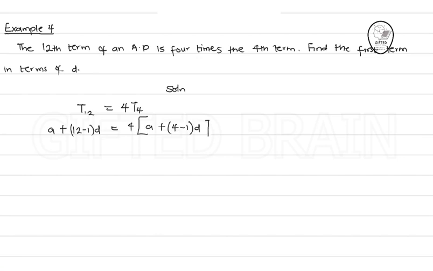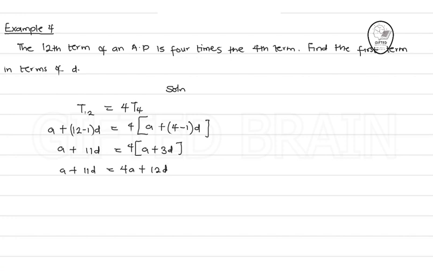So quite easily done. We can say A plus 11D is equal to 4 into (A plus 3D), and then A plus 11D is equal to 4A plus 12D.